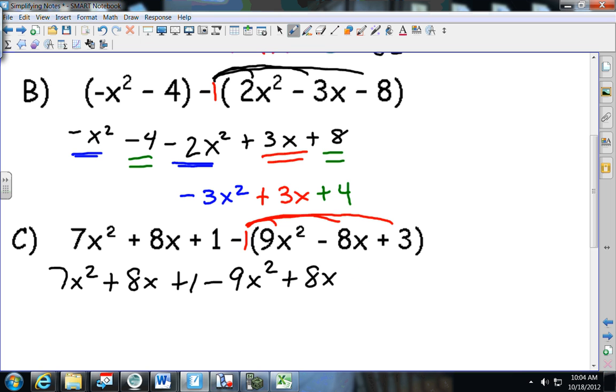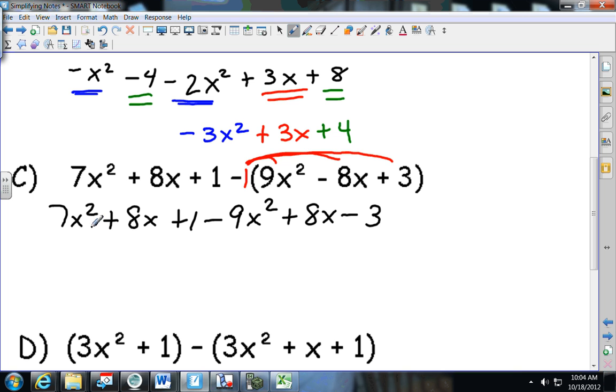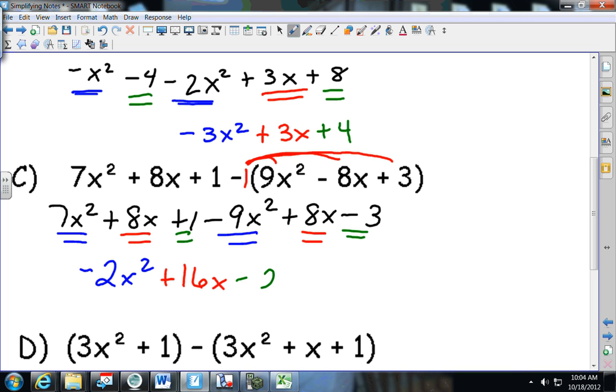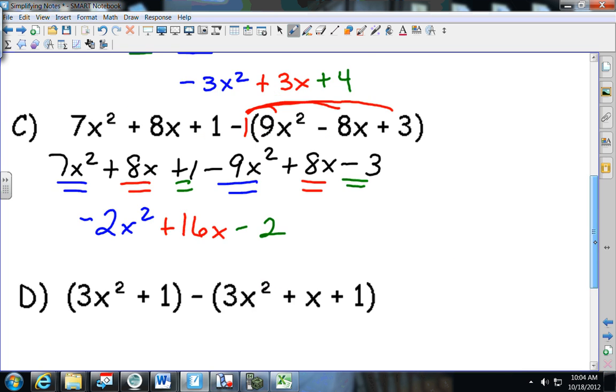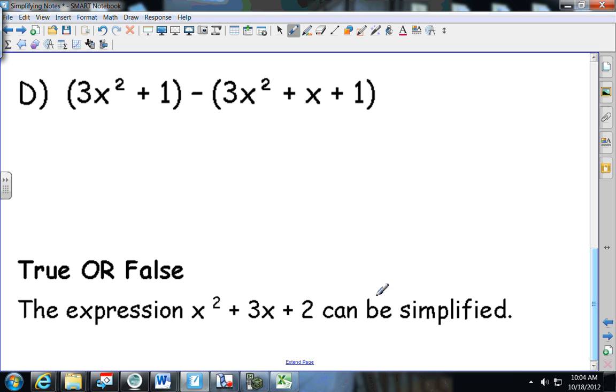Negative 1 times 3 is negative 3. Put together your x squareds. Negative 2x squared. 8x plus 8x is 16x. And 1 minus 3, negative 2. Do the next two. Answer the next two, please.